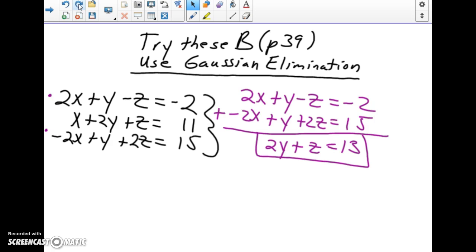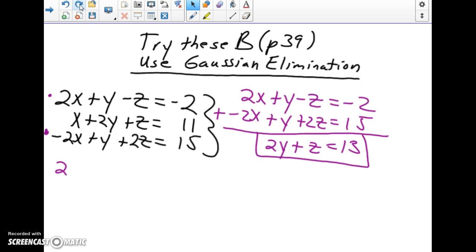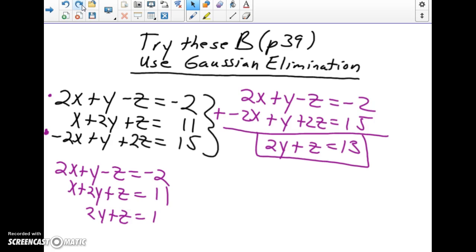Okay, so first period decided to do this. Let's write the first equation as is, the second equation as is, and the third one, let's replace it with this guy over here. The one in the box. Okay, so we rewrote the system of equations.